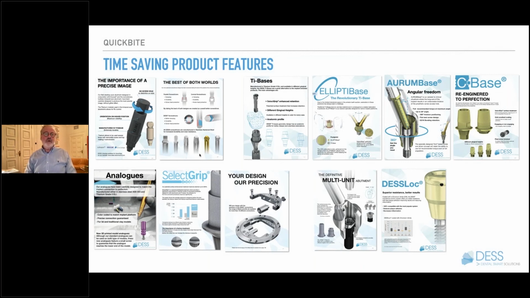And then last but not least, the DESS lock, which is the equivalent of a locator system, and it has a surface coating of zirconia nitride. First of all, the surface is harder.